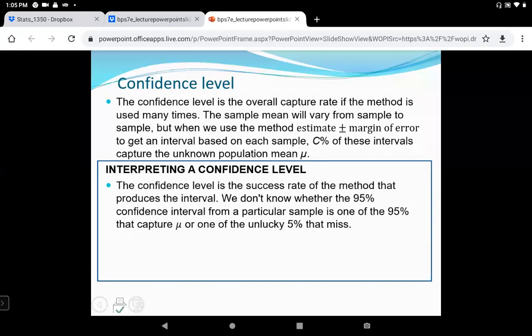Interpreting a confidence level. The confidence level is the success rate of the method that produces the interval. We do not know whether the 95% confidence interval from a particular sample is one of the 95% that capture mu or one of the unlucky 5% that misses.